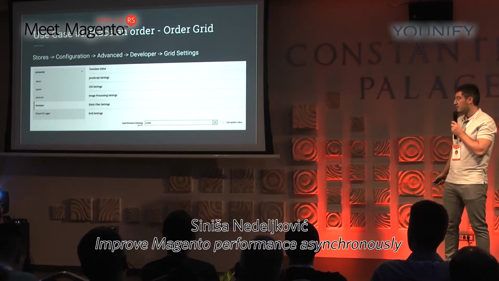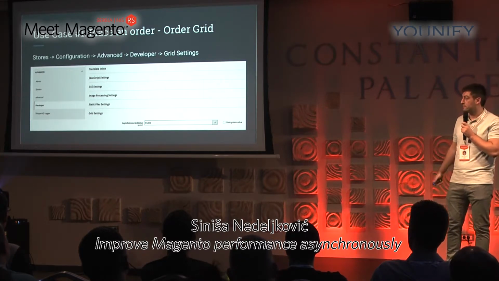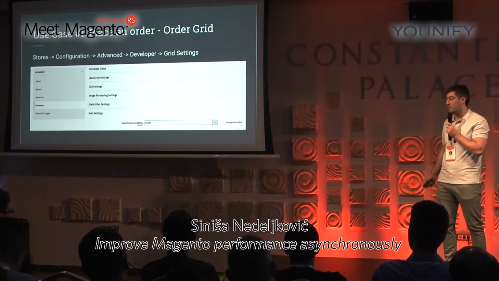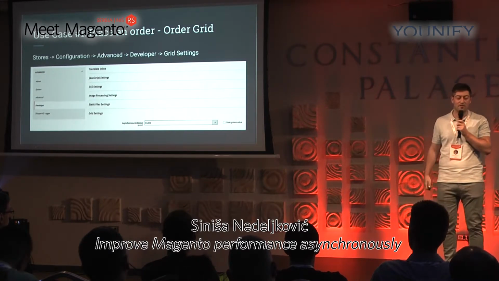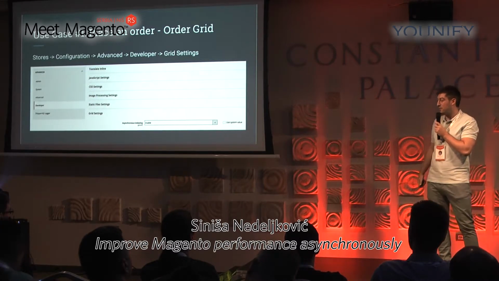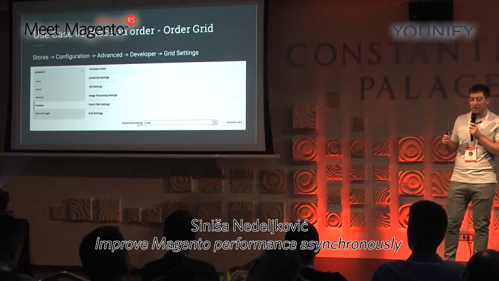Another thing is the order grid. If you remember, there are, let's say, two important tables for orders. One is sales flat order, and another one is sales flat order grid. The sales flat order grid table is used for all the information which you are seeing in your admin panel.